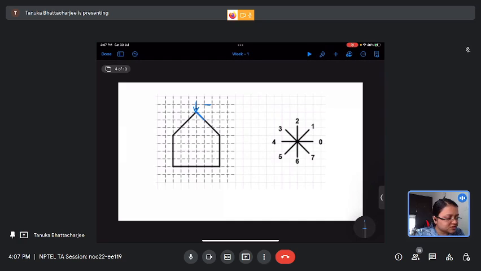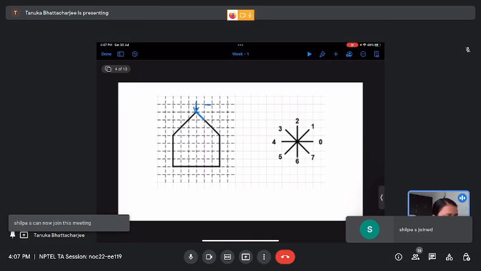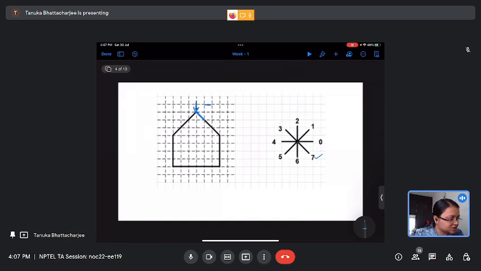So the first segment that we take is this segment. It is going towards the southeast direction. If we consider the codes that we already have for the 8 connectivity, this is that particular direction. So the code is 7 for this, and for the first segment our code will be 7.